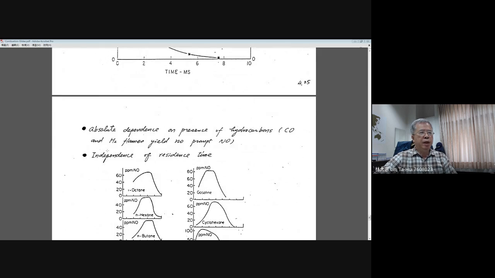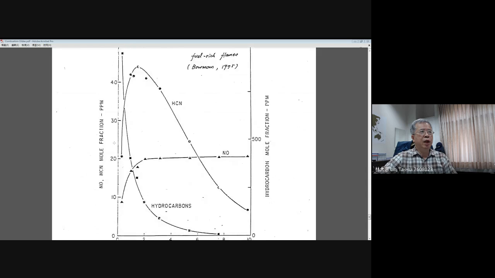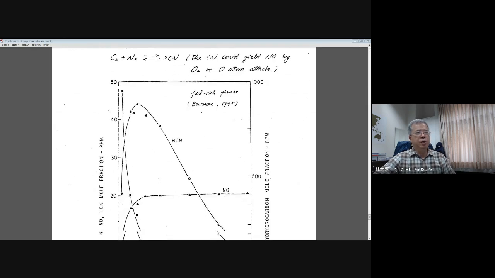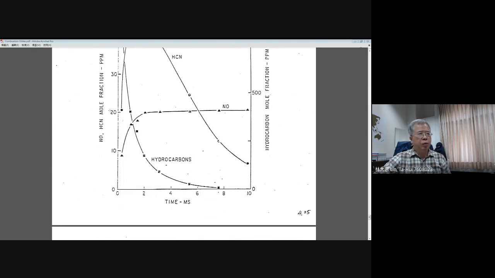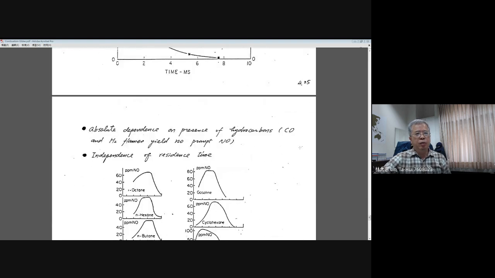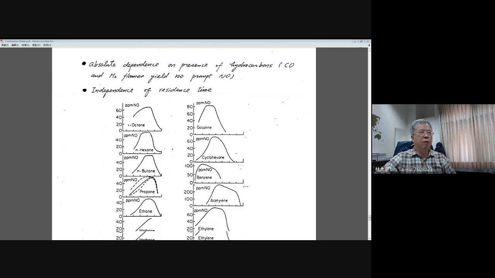If you just have an H2 flame burning hydrogen, then you do not have a chance to have the carbon get involved, right? You do not have these intermediate radicals, then you do not have a possibility to produce HCN or CN. Similarly, if you burn CO, then you will not have so-called prompt NO formation.